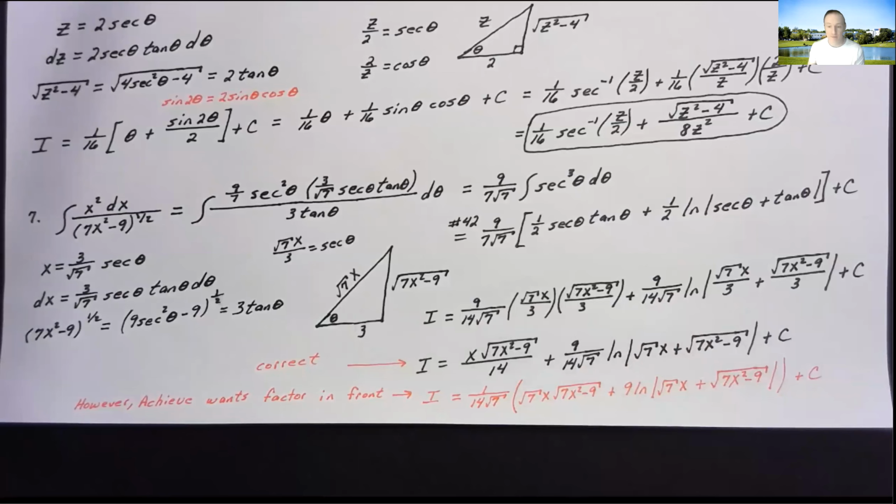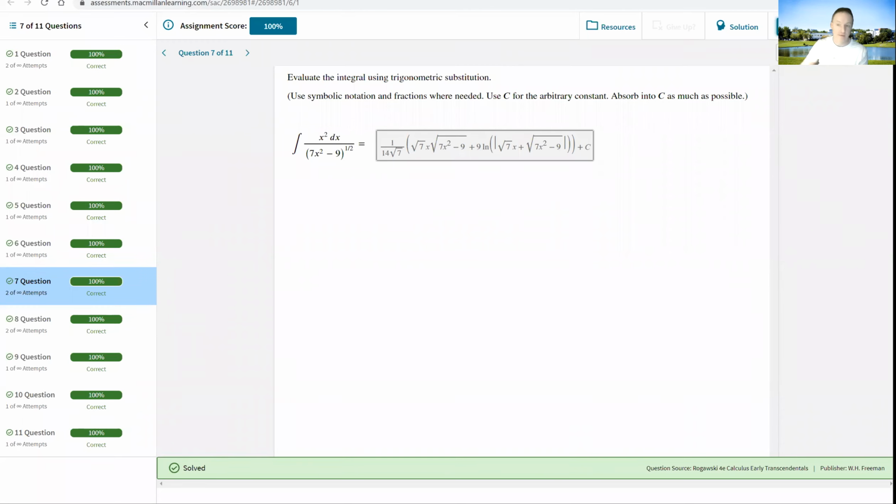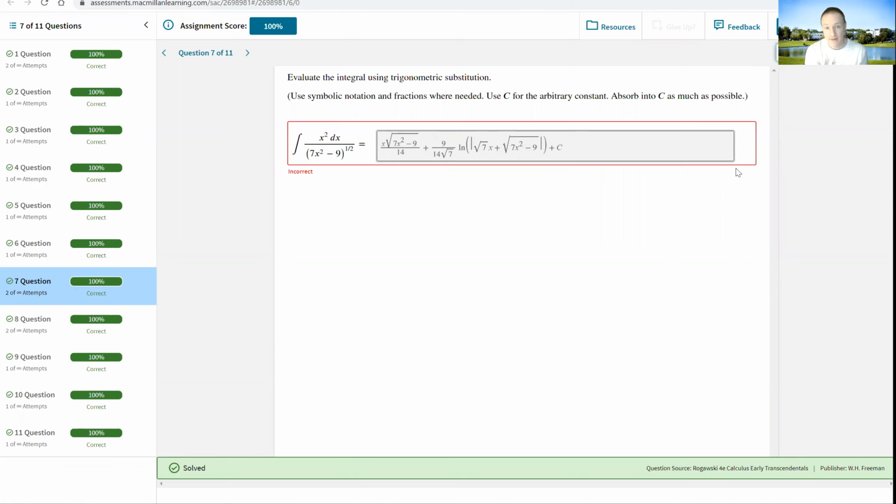Denominator still cancels out either way, plus the constant of integration. And now you'll see that that is precisely the format that I have put and that Achieve likes. But for some reason, it did not like what I think is the better answer here for this problem. It should have accepted this answer, but sadly it did not.